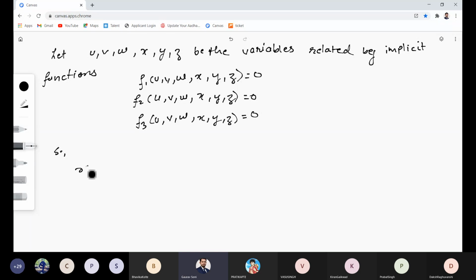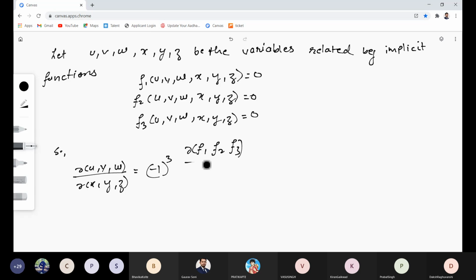So Jacobian of u, v, w with respect to x, y, z will be minus 1 raised to 3, Jacobian of f1, f2, f3 with respect to x, y, z upon the Jacobian of f1, f2, f3 with respect to u, v, w.